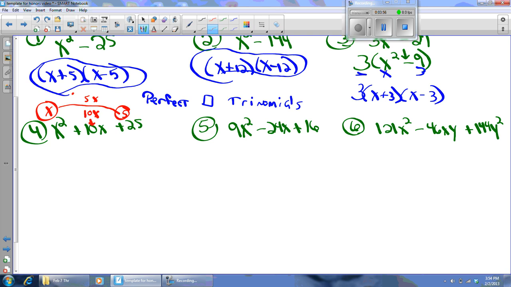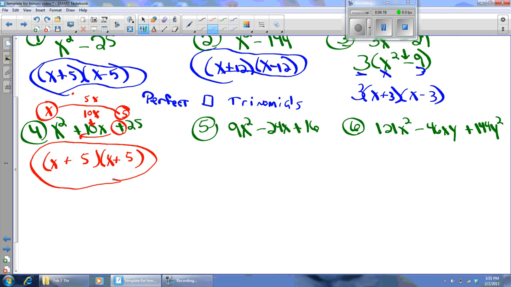Notice how it matches? If that's the case, it factors like this: x, x, and 5, 5, and then I look here, a plus in the back is the Wendy's double stack. I use this sign twice. There's a single stack and there's the double stack. And I am done.